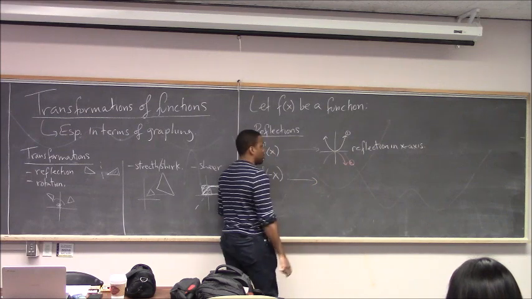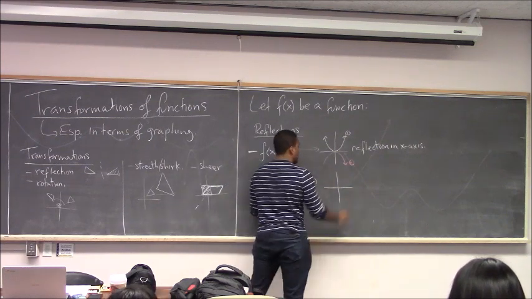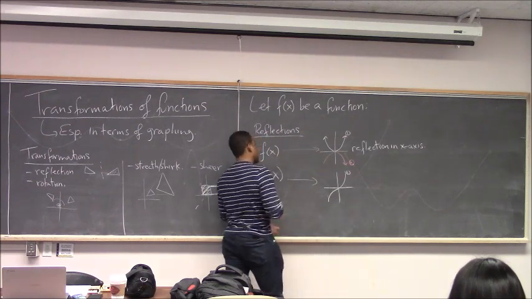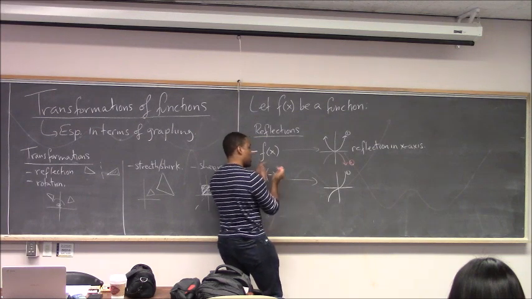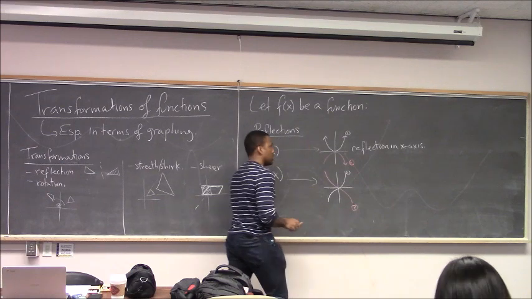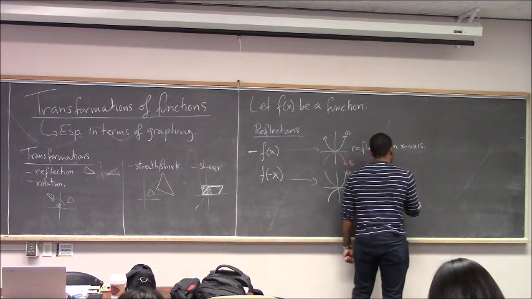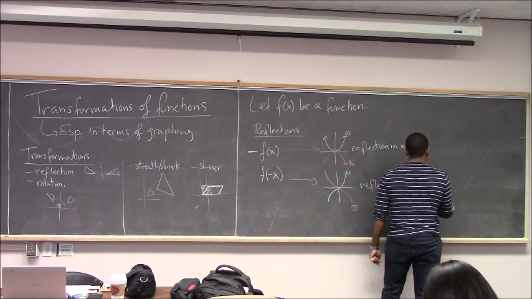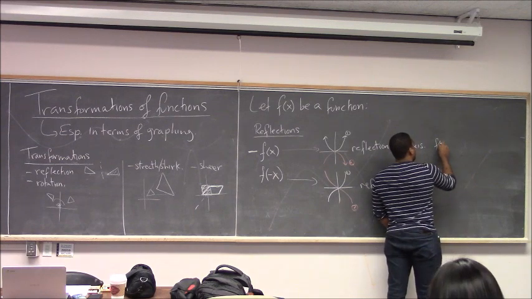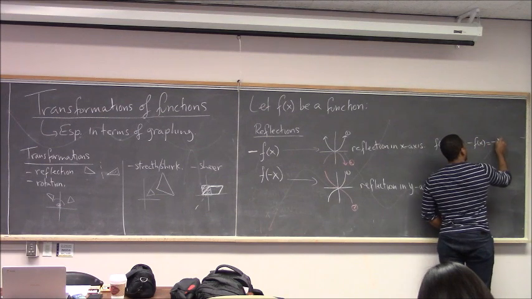This one, quite the opposite. Well, not the opposite. It's a reflection in the y-axis. So let's say the function was here. That was its first position. Then if I change all x coordinates in there to their negatives, I would get that as the second position. This is a reflection in the y-axis. So you can think of f of x equals x squared versus minus f of x equal to minus x squared.